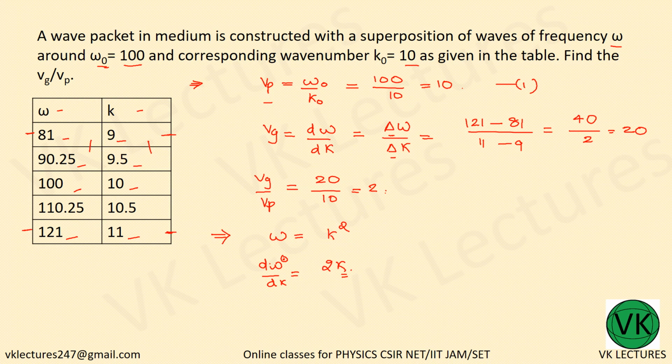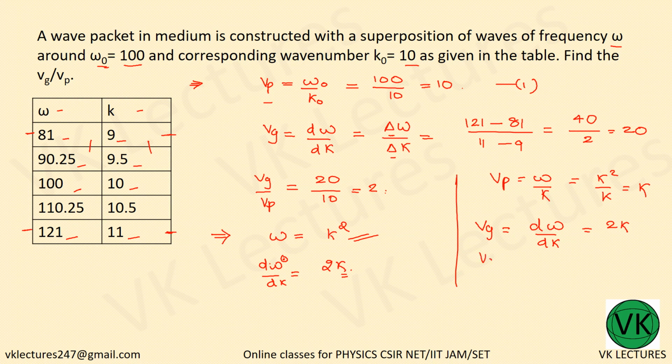So Vg by Vp. Vp is equal to omega by k, right? What is omega? Omega is nothing but k square, so k square by k is nothing but k. Now what is Vg? Vg equal to d omega by dk, which is nothing but 2k.